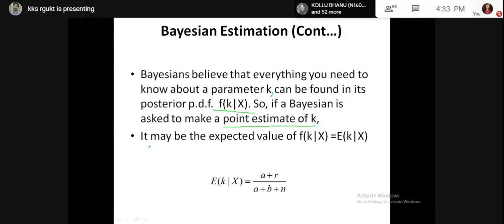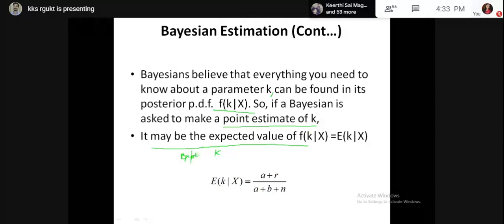For example, just now we estimated the posterior. So what will be the expected value of the posterior? What would be the expected value of the k parameter?